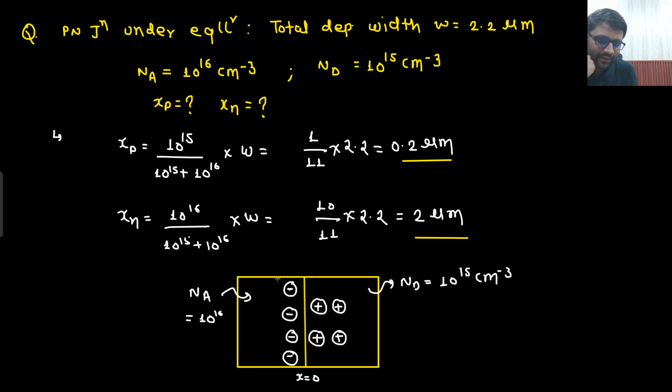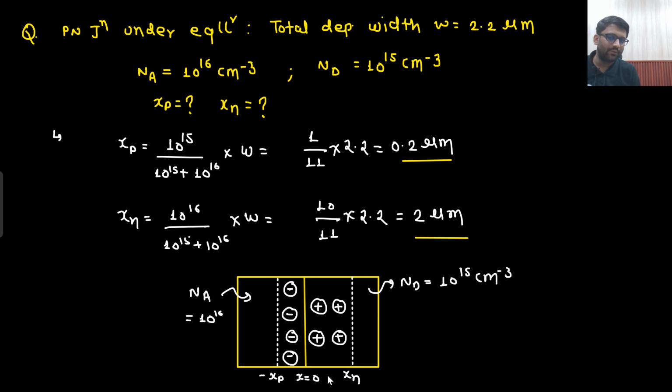In the depletion width, whatever amount of total positive charge you have, the same amount of negative charge you need to have. It is obvious that if this side has more doping, then in one column only you get 4 negative charges. But here lesser doping is there, so the charges will be far away. Are you able to understand this point? In 2 columns you get this much positive charge. So this would be my xp, minus xp you can say, and this would be my xn.